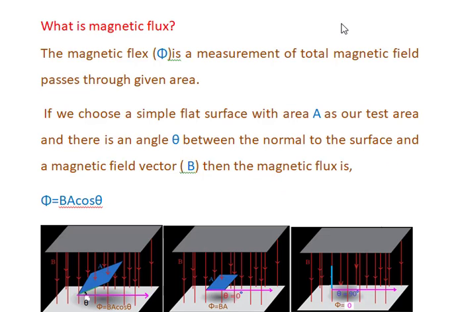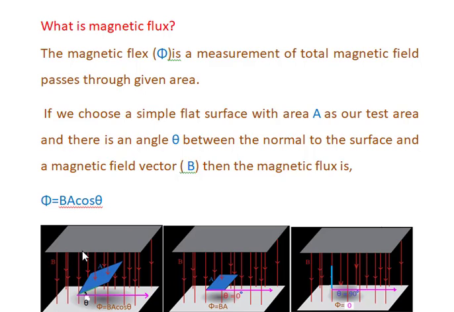What is magnetic flux? It is a measurement of the total magnetic field that passes through any given area. See here, the given area is indicated by A. This is the magnetic field passing between the two poles of the magnet.